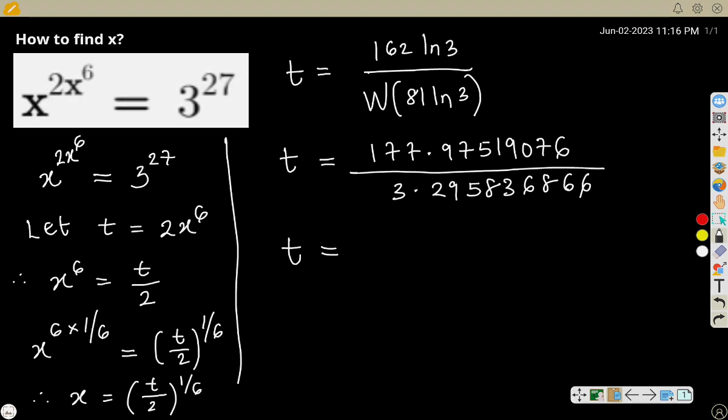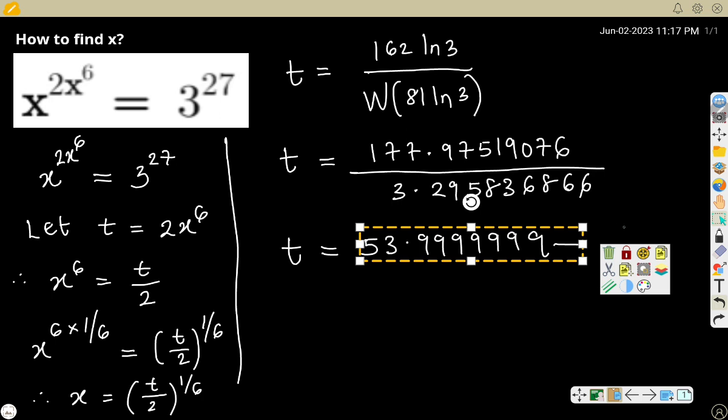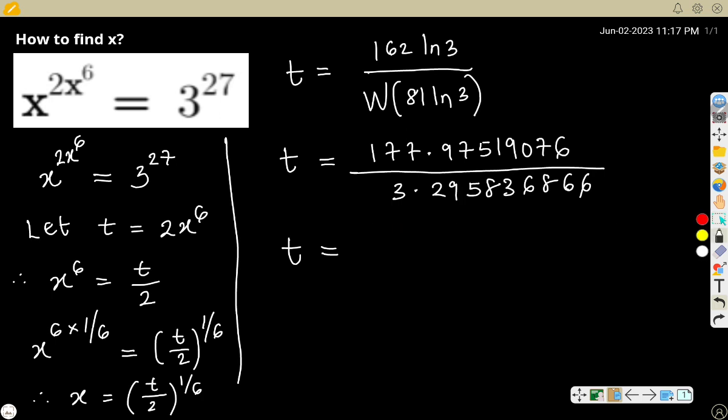So that is 53.9999, as in 99999. How many nines? So you will say it's 999. So if you approximate, this is 54, because you can have 99999. So this is 54. So that's it. So now T is 54.